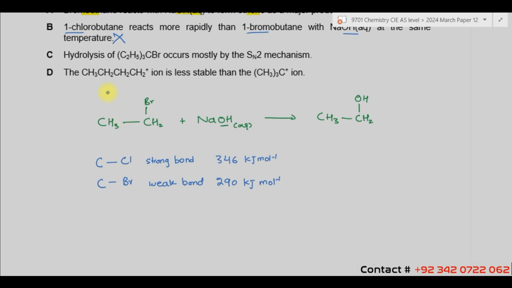Part C. Hydrolysis of (C2H5)3CBr occurs mostly by the SN2 mechanism. Let's see which one this is. So we have C-Br, and 3 C2H5 groups are attached.